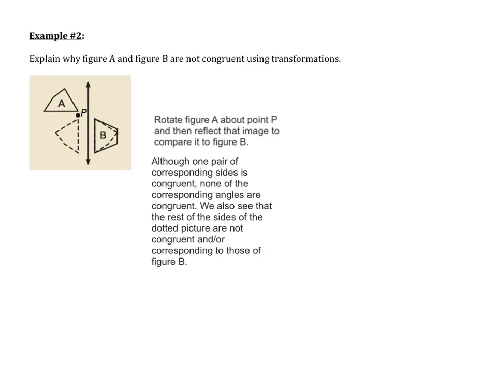Like this angle is not congruent from figure B to the dotted figure. We also see that the rest of the sides of the dotted picture are not congruent or corresponding to those of figure B. Therefore, we can state that the figures are not congruent.